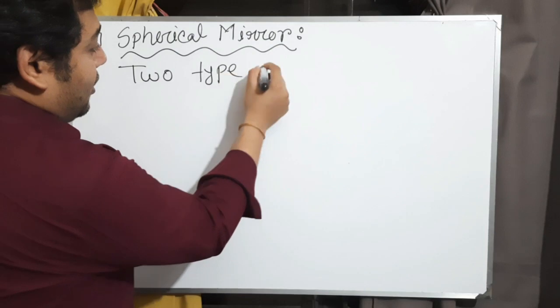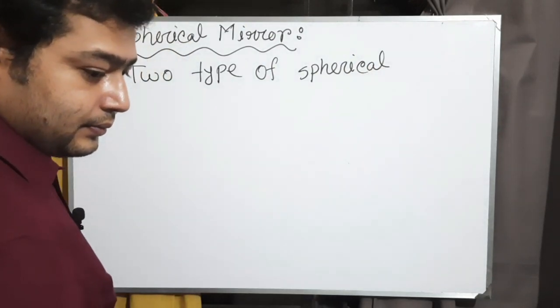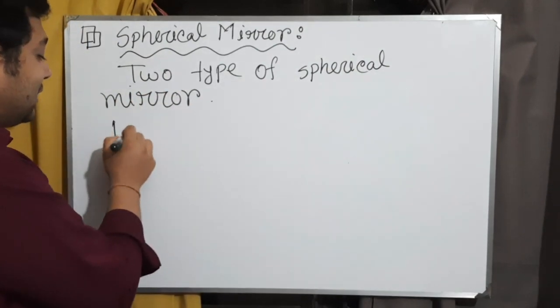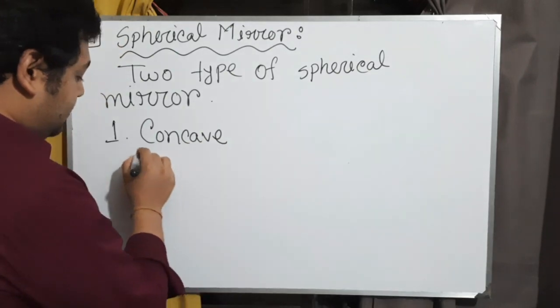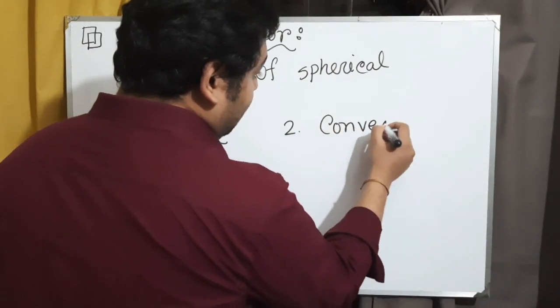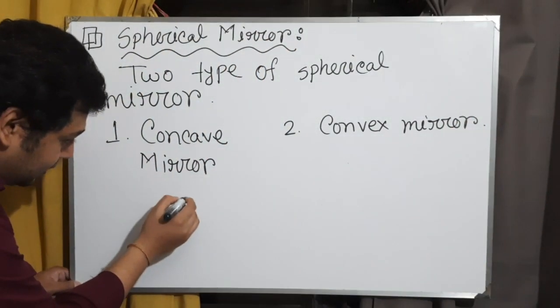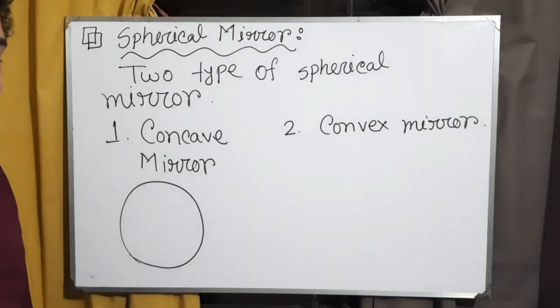We have two types of spherical mirrors. One is the concave mirror, and number two is the convex mirror. Suppose this is a hollow sphere.